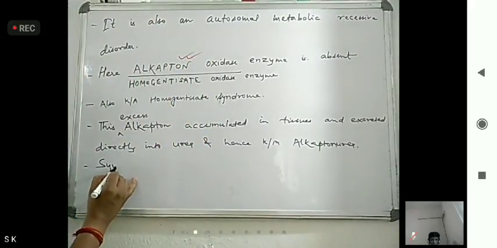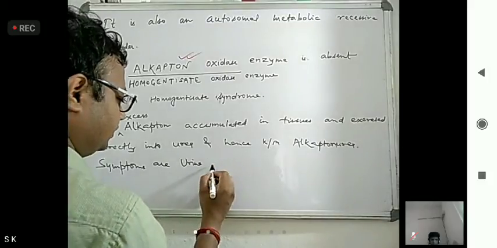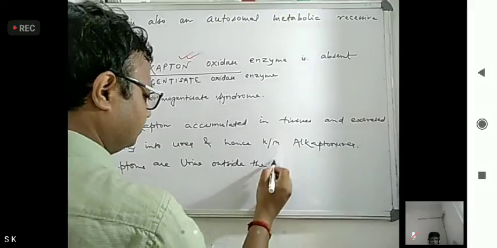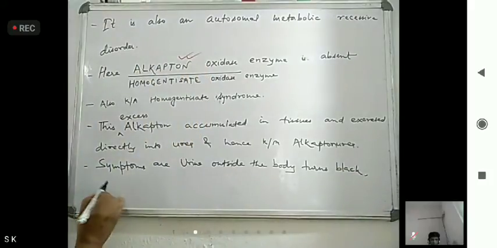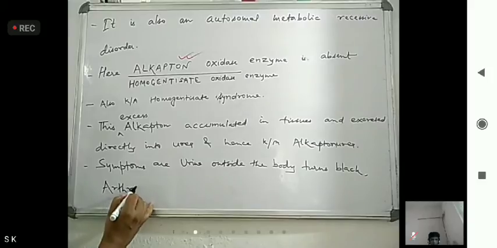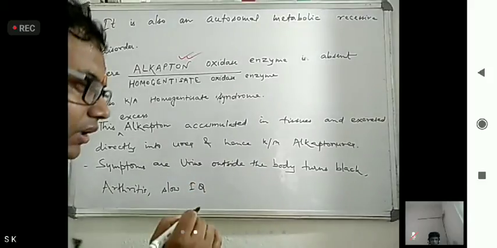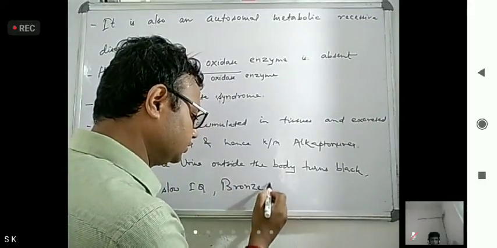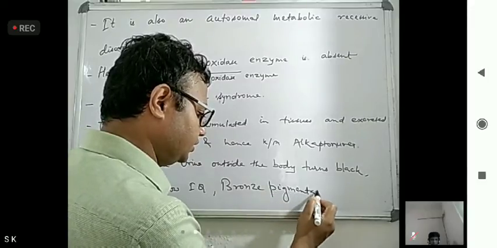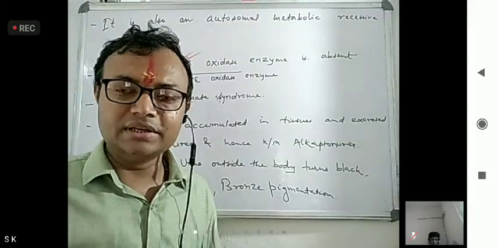So the symptoms are: urine turns black outside the body, arthritis, slow IQ, and bronze pigmentation. So these are the alkaptonuria symptoms.